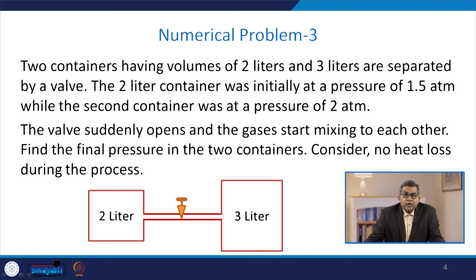Now, here the two containers have volumes of 2 liters and 3 liters, and they are separated by a valve, as depicted in this figure. The 2-liter container was initially at a pressure of 1.5 atmosphere, while the second container has a pressure of 2 atmosphere, and the valve suddenly opens and the gases start mixing with each other.